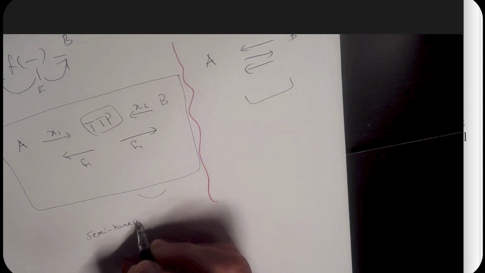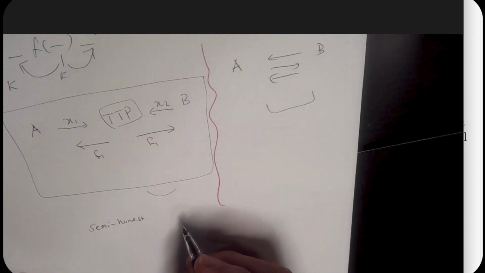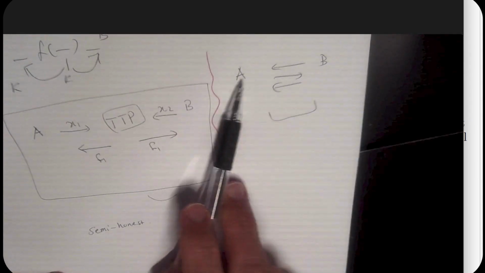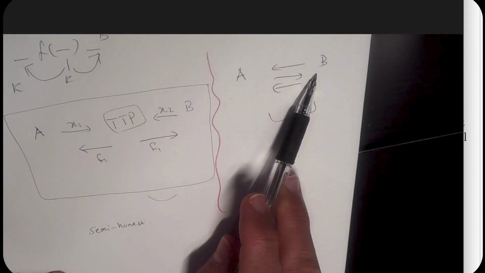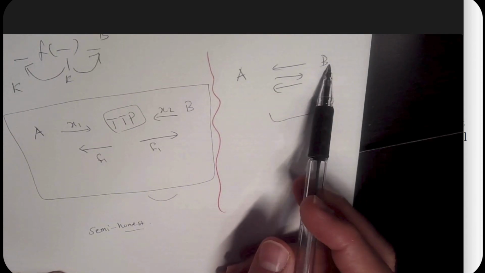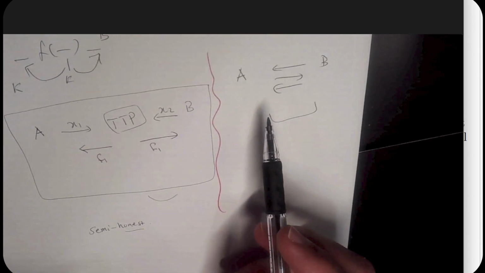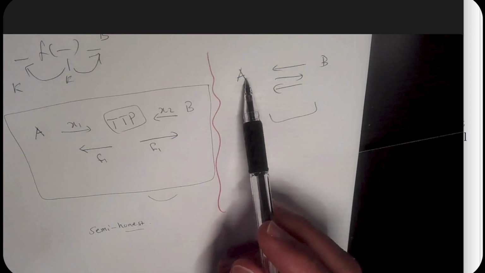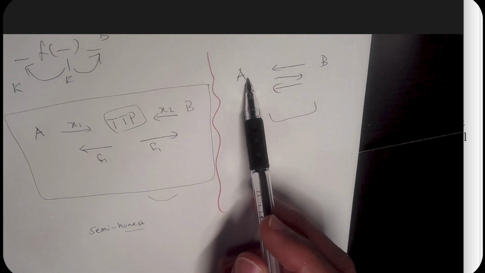Let me break down what we mean by semi-honest. In this case, we have Alice and Bob, either one of them or both of them. When I say they are honest, that means they are not going to lie. They're going to provide me with the actual data. If they say, give me the value of A, your private input, A is going to give us the private input.